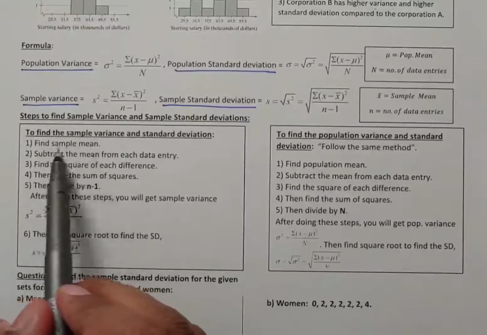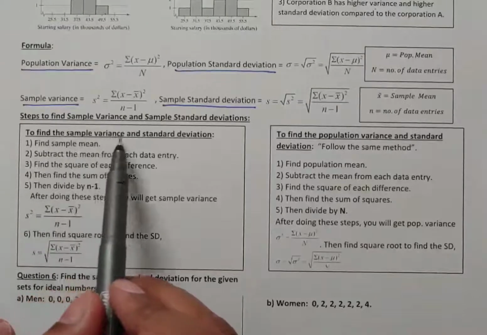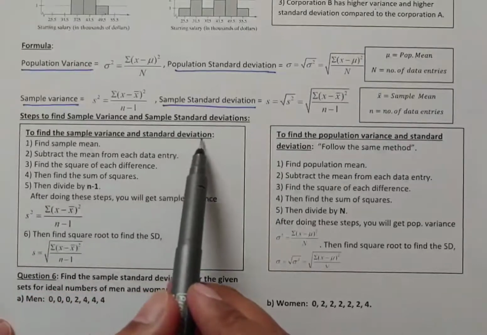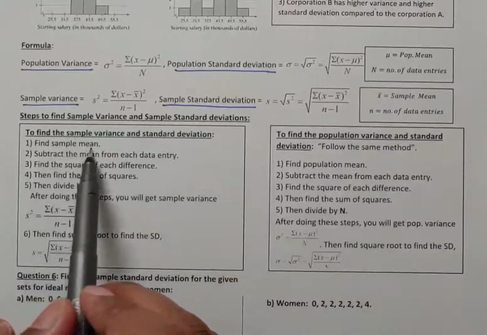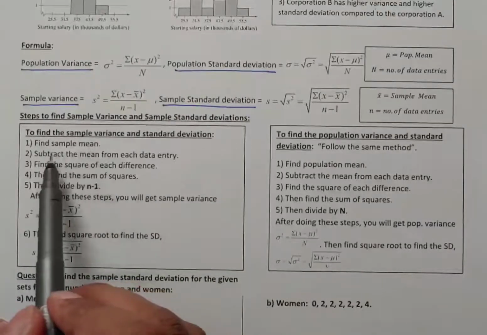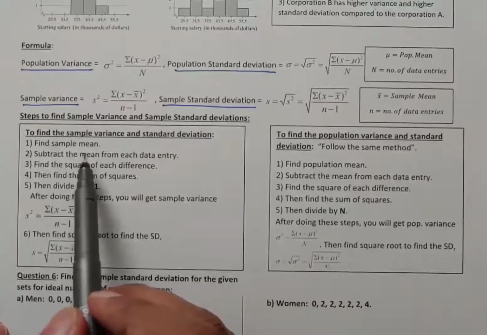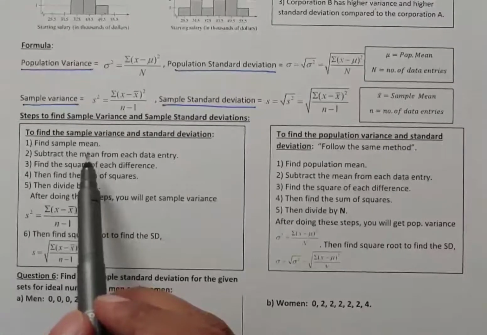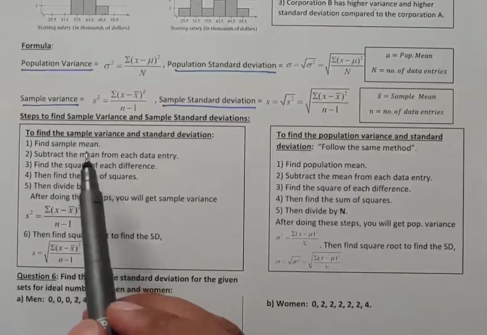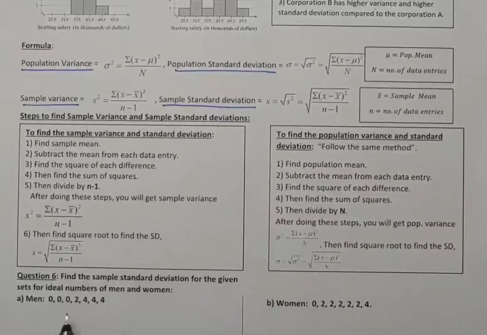Find the sample mean. If you find the sample variance and sample standard deviation, find the sample mean, that means just find the mean. Most of the questions we do here are samples, like this data, which is a sample.